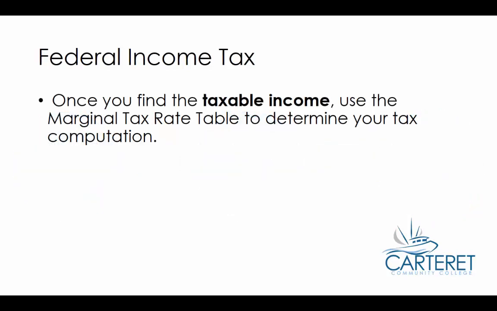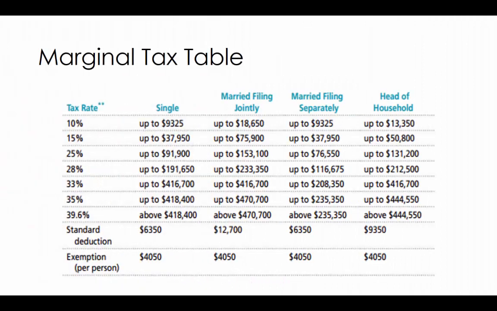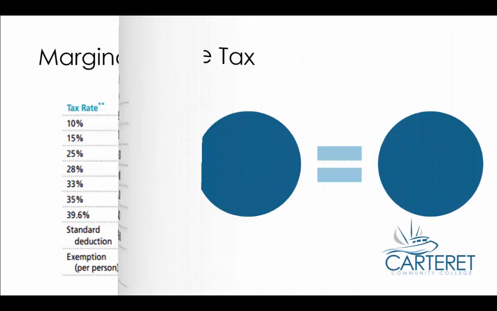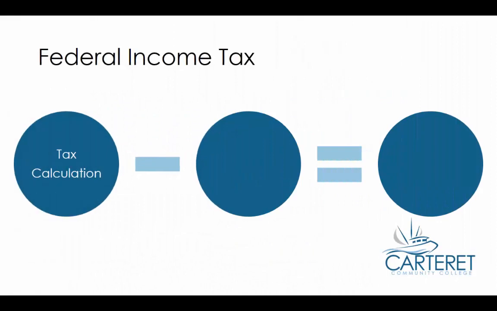Once you find the taxable income, you use the marginal tax rate table to determine your tax computation. Once you compute the tax calculation, subtract any tax credits to find the total income taxes owed for the year.